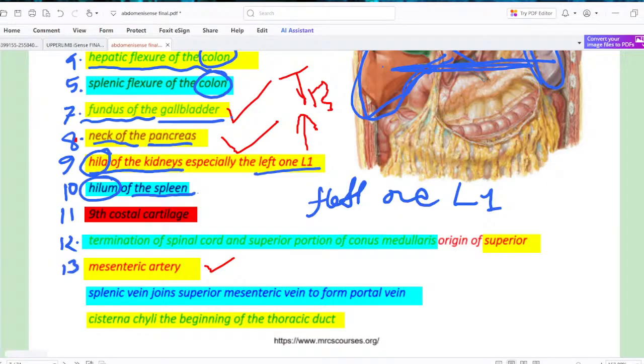Splenic vein joins superior mesenteric vein to form portal vein. Cisterna chyli, the beginning of the thoracic duct.